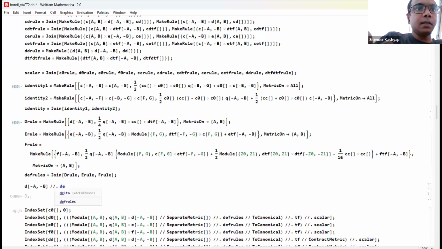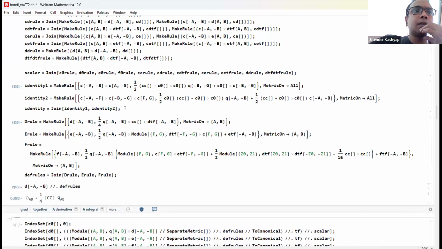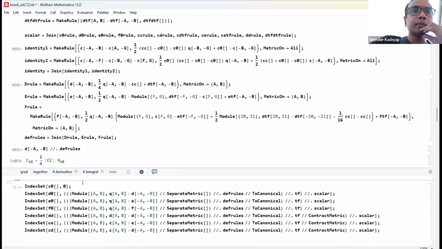So let's see that. So this was the relation, okay? So this is what I have essentially told Mathematica to do.